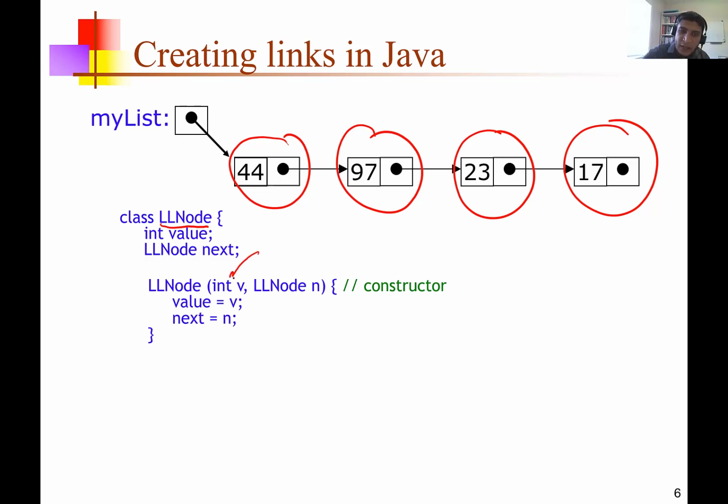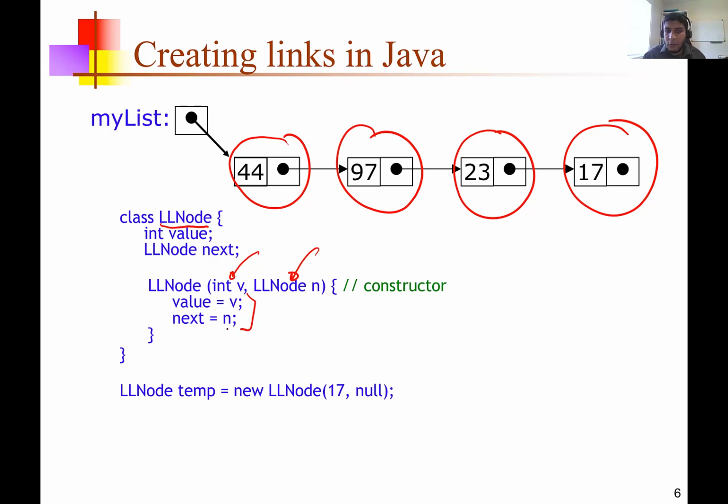So simply you take an int value, and then you take a reference to another object, and then you initialize the value and the next according to this. Good. So this is a very, very simple class. Then once I do this, I can go to the main and start instantiating. So far, we didn't declare any linked list yet, right? That's only separate nodes that are not connected together, right?